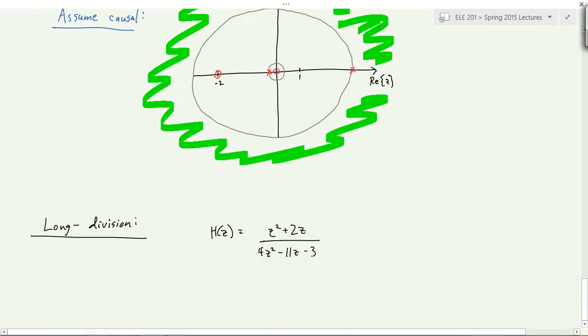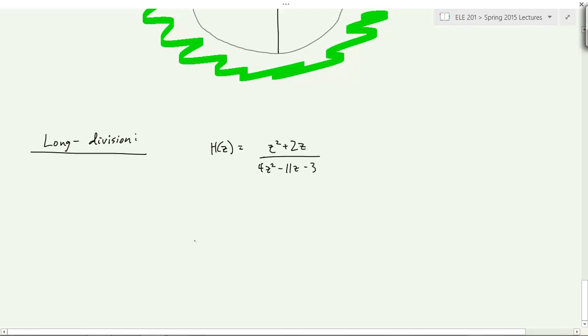Well, what if we want to do long division on this thing? So we have the numerator in here, and we want to divide by 4z squared minus 11z minus 3. And we do this one at a time. So we take the largest z squared term, and we say, what should I multiply by this polynomial? Long division means care about the first term first, right?